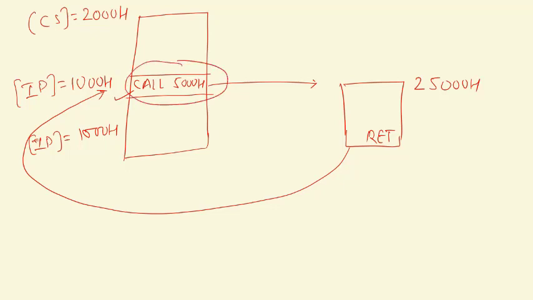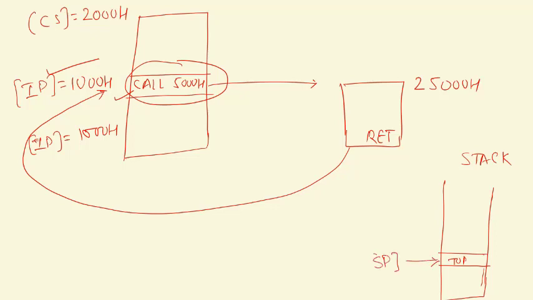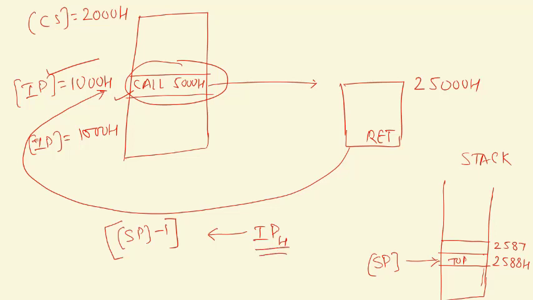Whenever this instruction is executed, the content of IP is 100H. This is the stack, and this is the top element, and the address of the top element is contained in the stack pointer. So IP will be loaded into the stack at stack pointer minus 1. Suppose the stack pointer is at 2588H. Then at location 2587, IPH will be loaded.